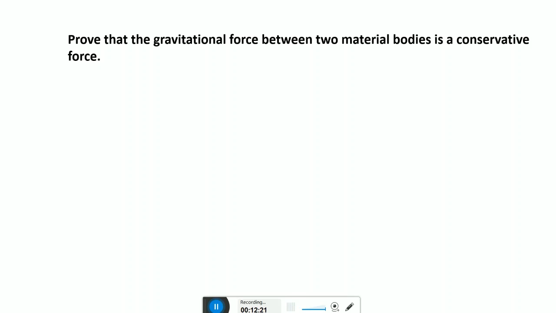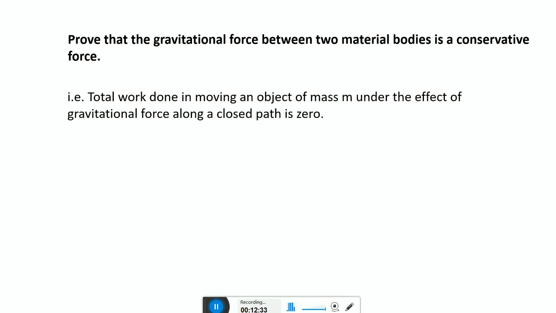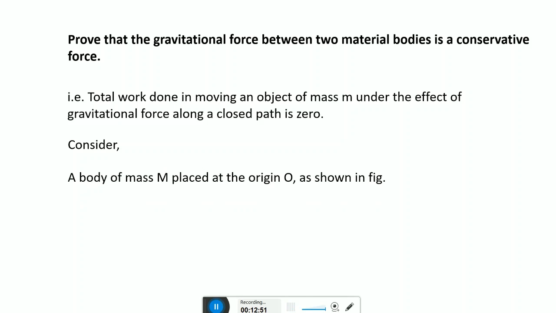Then prove that gravitational force between two material bodies is a conservative force. Or total work done in moving an object of mass m under the effect of gravitational force along a closed path is 0. So for that, consider a body of mass capital M placed at the origin O as shown in figure.